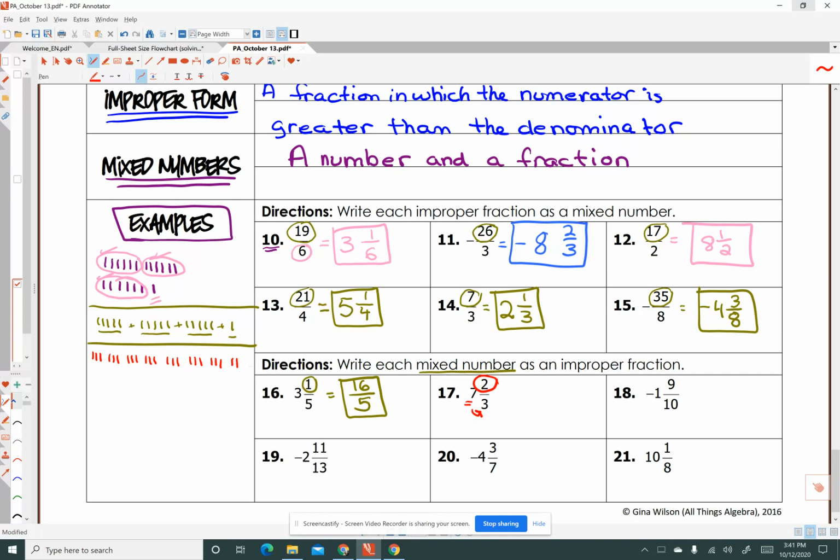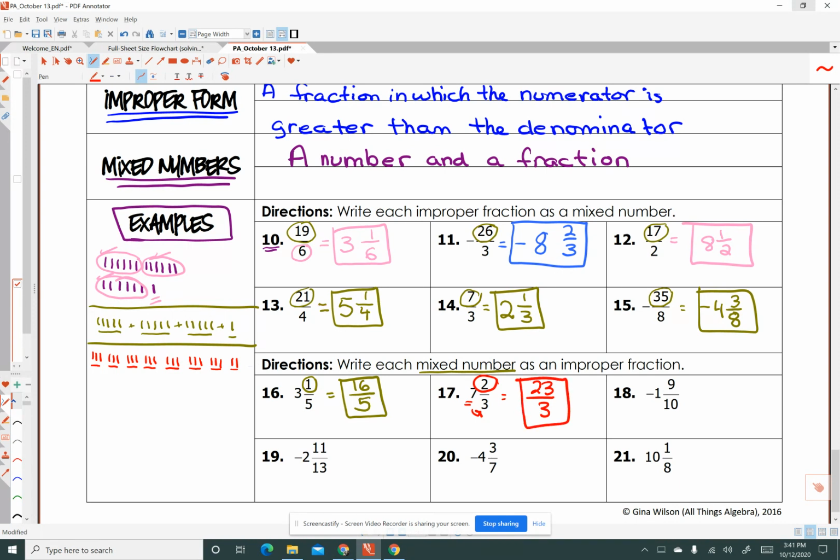So how many thirds do we have altogether? 3, and 3 make 6, and 3 make 9, and 3 make 12, 3 more makes 15, 3 more makes 18, 3 more makes 21, 22, 23. So altogether, we have 23 thirds.